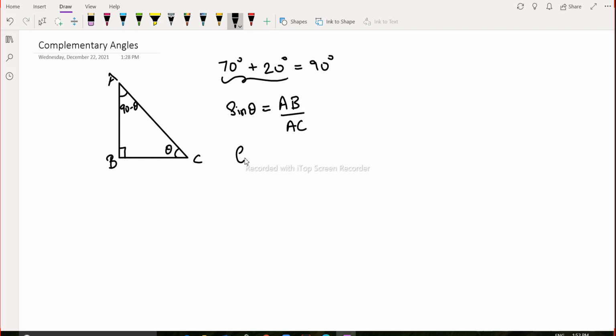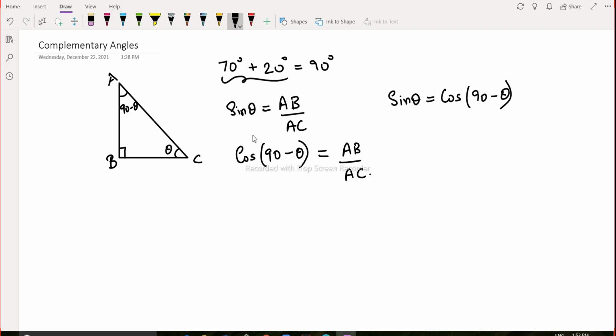However, if I try using the complementary angle, that is 90 minus theta, because theta plus 90 minus theta will give you 90, so theta and 90 minus theta are complementary angles. So if I take cos of 90 minus theta, I'll have adjacent, which is AB, upon hypotenuse AC. So what I find from here is that sine theta is equal to cos of 90 minus theta.